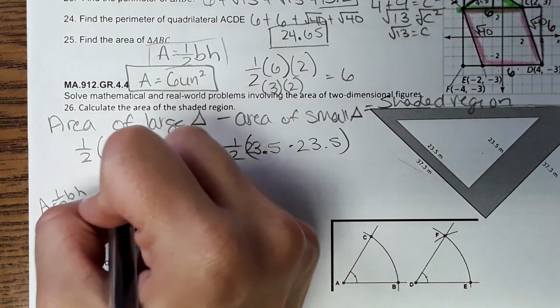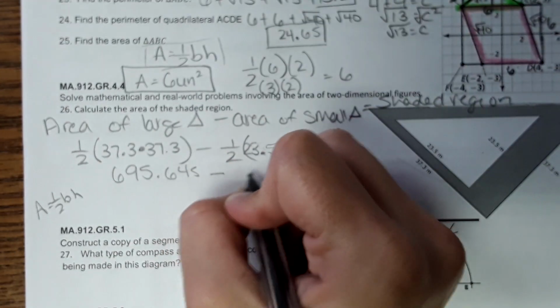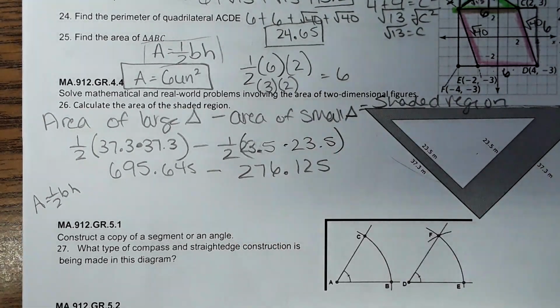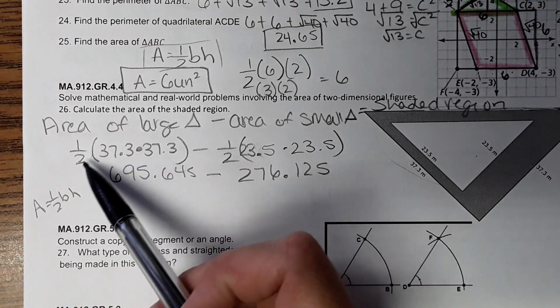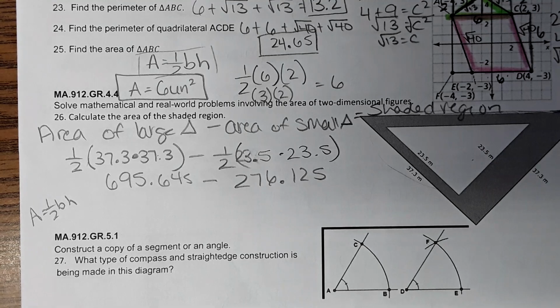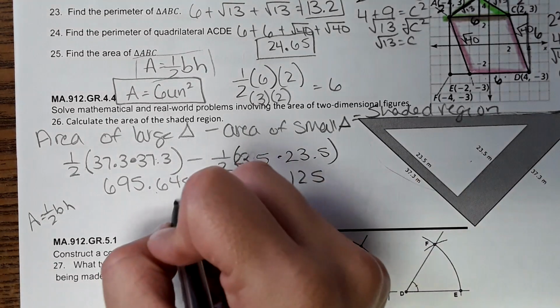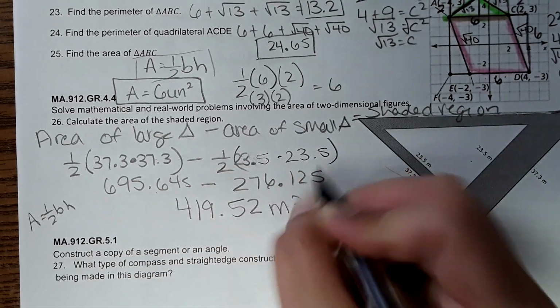This solved out comes to 695.645 minus 276.125. And as far as doing 1/2 in the calculator, multiplying by 1/2 is the same as dividing by 2. So once you multiply those two numbers, just divide by 2 to get this number. Then the subtraction problem, we have 419.52 meters squared.